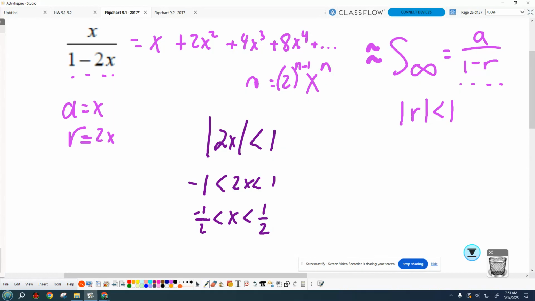Questions? Yeah. Could you use sigma notation with n equals 0 and then x times 2x to the n? Mm-hmm, yeah.